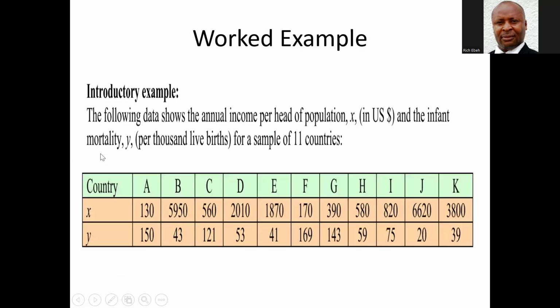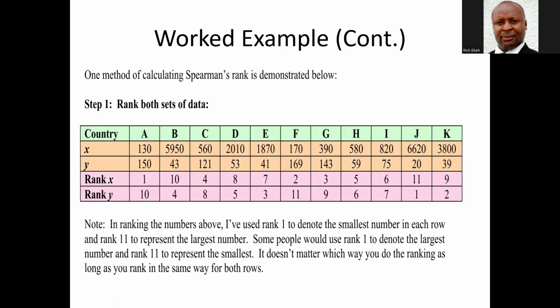In this case, the income per head of the population, which is depicted with the letter X, and then the infant mortality, which we indicate with Y. So I will rank X and rank Y in order from the lowest to the highest. The lowest I will rank as 1, and the highest I will rank as 11.